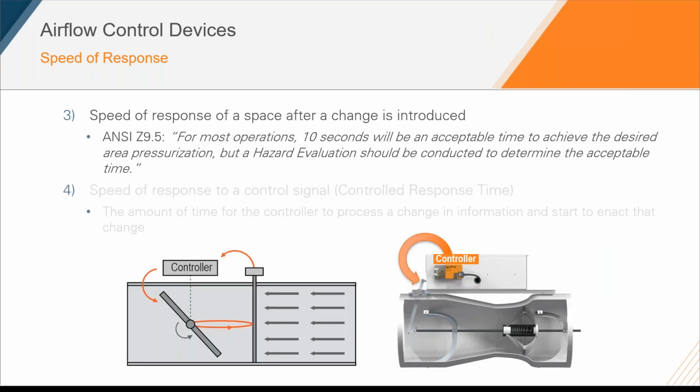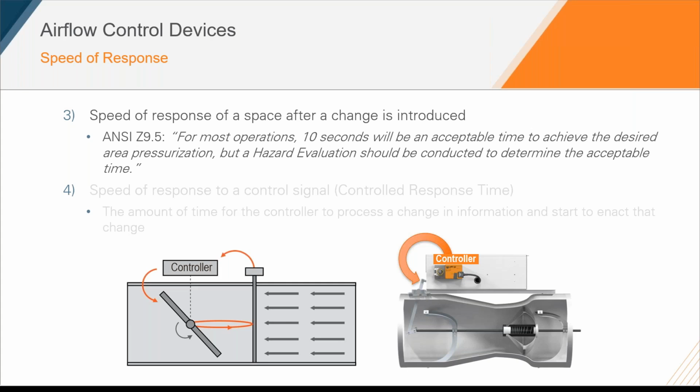Next, we're going to talk about the speed of response after a change is introduced. ANSI Z9.5 states that for most operations, 10 seconds is an acceptable time to achieve the desired area pressurization. But again, a hazard assessment should still be conducted to determine the acceptable time.